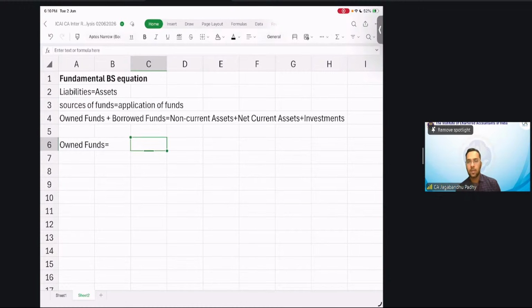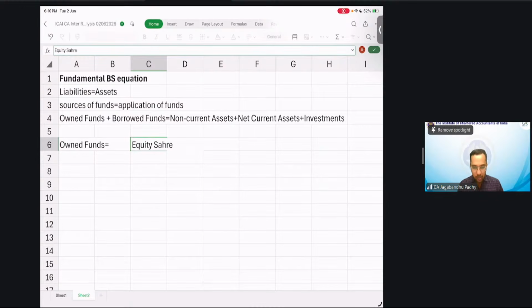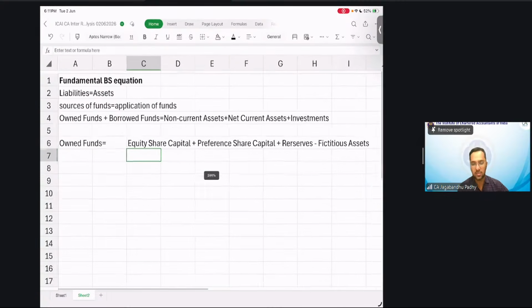Owned funds will comprise of equity share capital plus preference share capital plus reserves. But we're also going to subtract the fictitious assets.